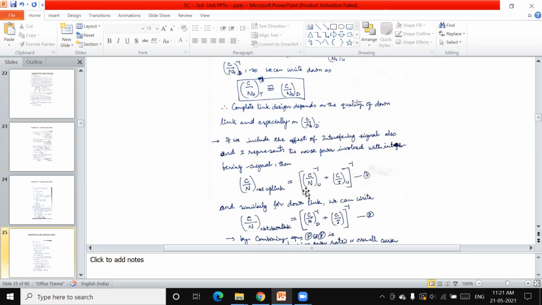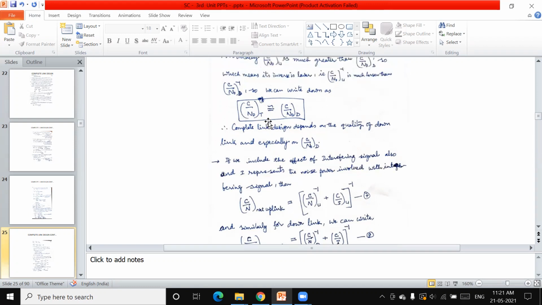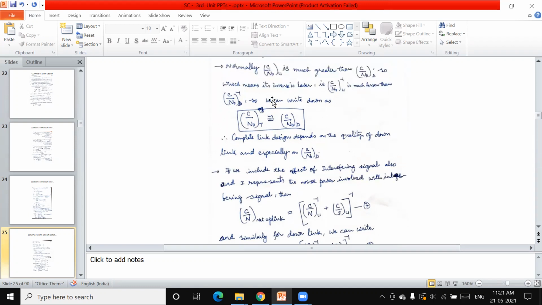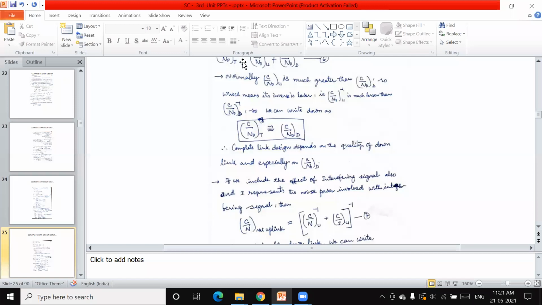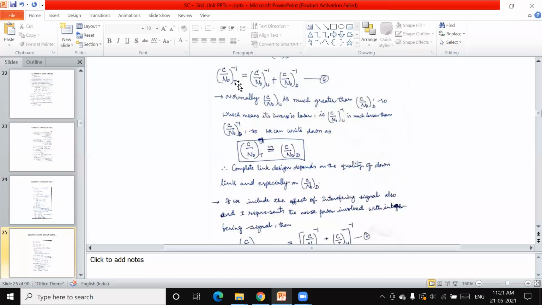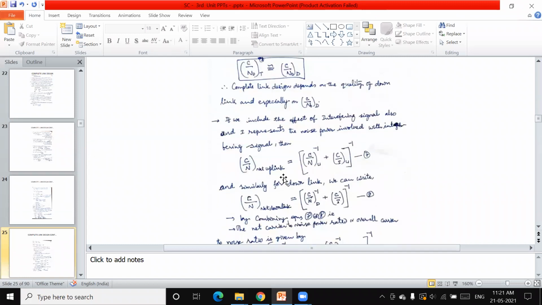What does it become in this case? Just like the carrier to noise power spectral density C by N naught U, here also the net uplink signal to noise power ratio becomes C by N U plus C by I U. The inverse will be there.